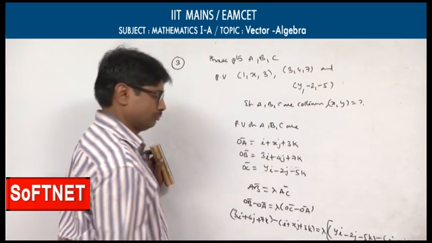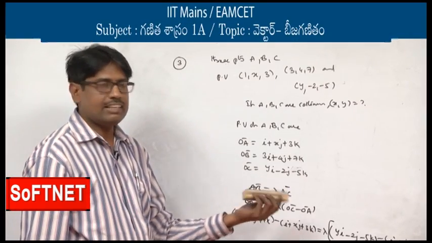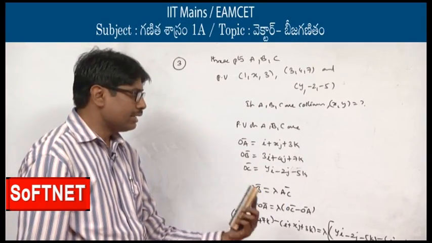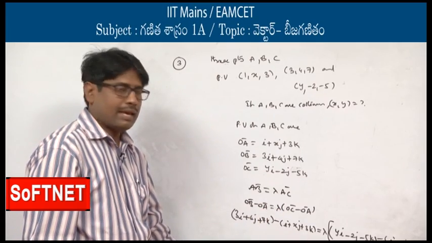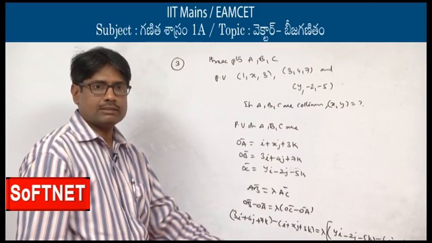K bar. Just now we have discussed that I, J, K are linearly independent. So, linearly independent vectors expressed in combination are equated to 0 by their scalars.